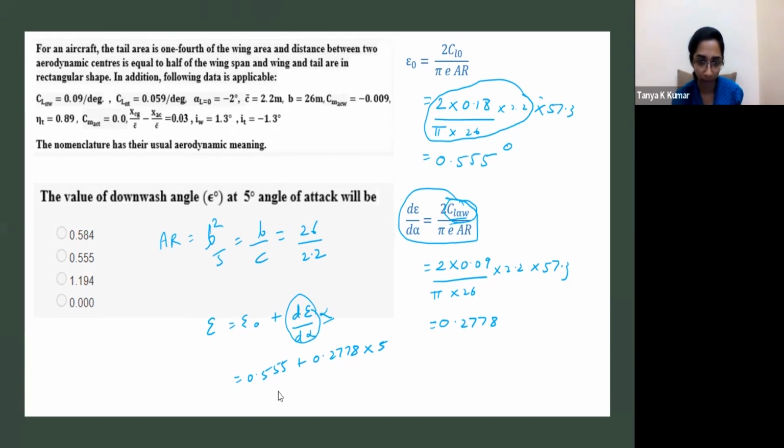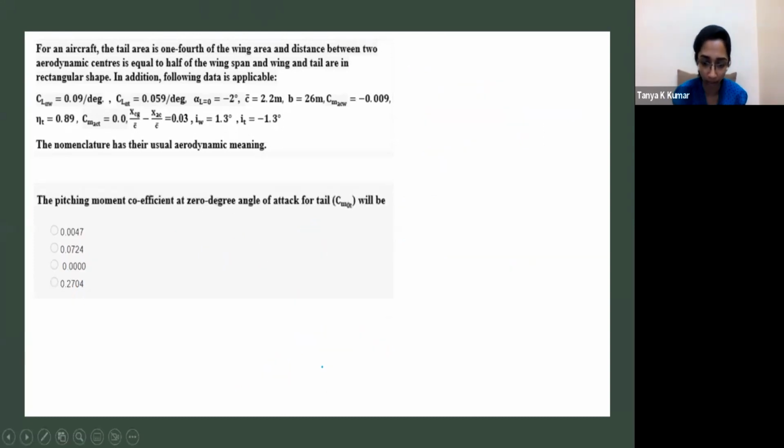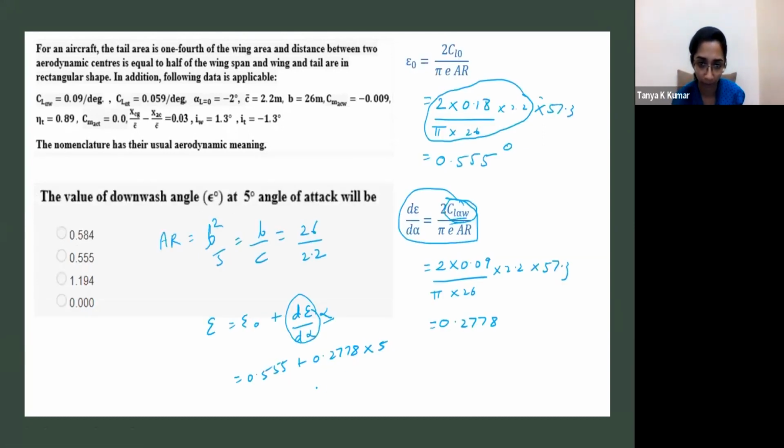So can anyone tell me the final value here? Calculate it. Can someone just calculate this value quickly? 1.94. 1.944.